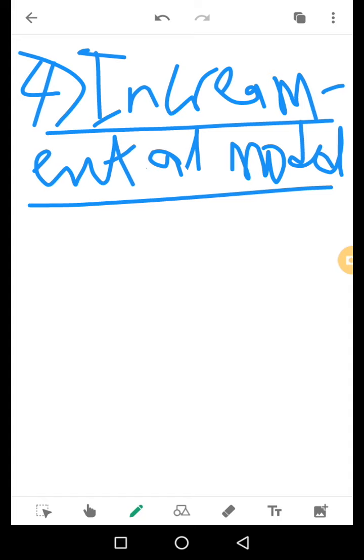So let's have a look at the advantages of the incremental model. One, it generates working software, as I've said, quickly and early during the software life cycle. Then there is more flexibility.